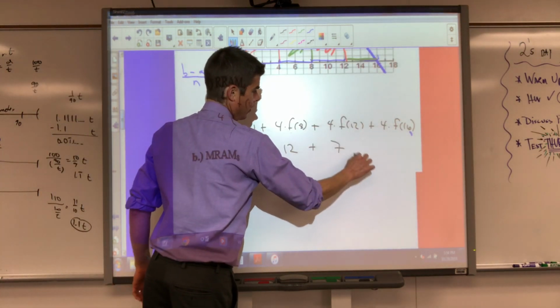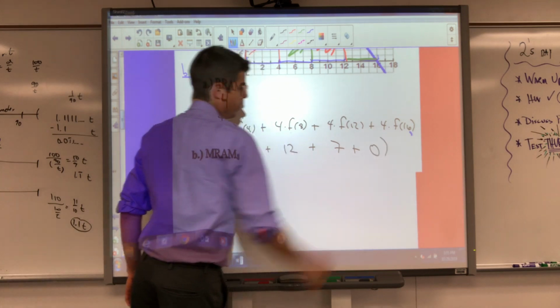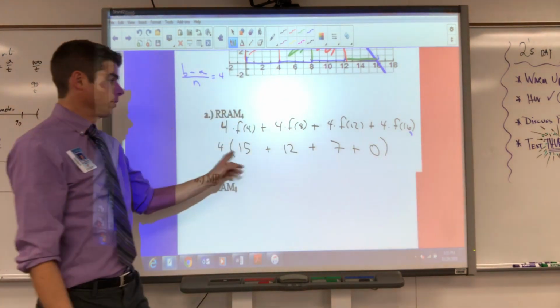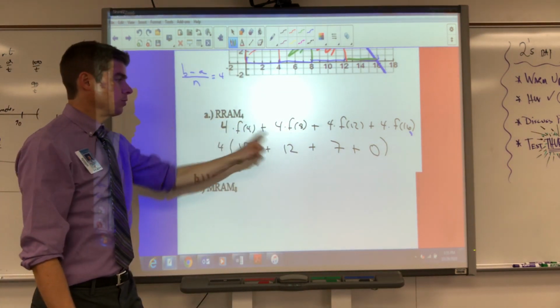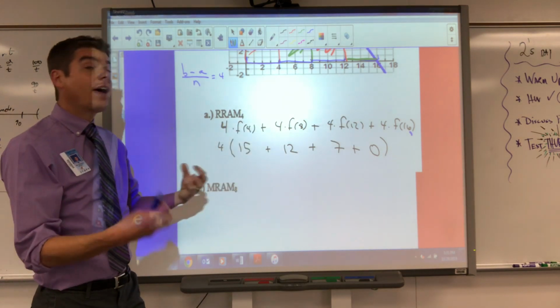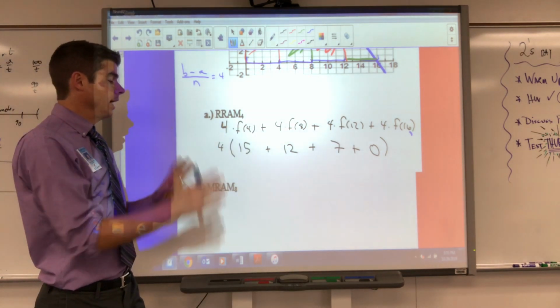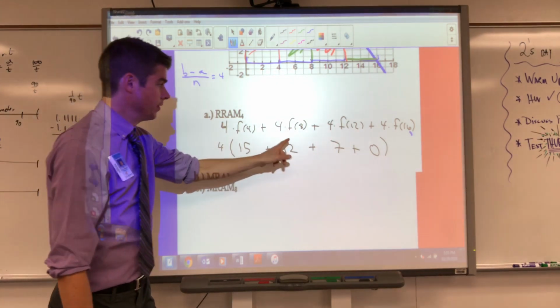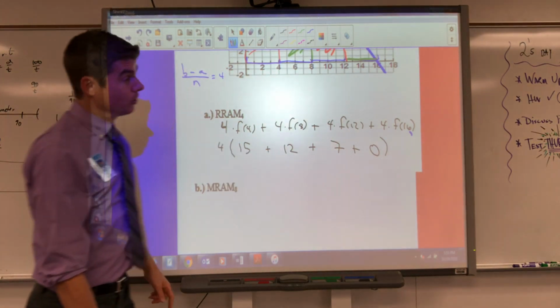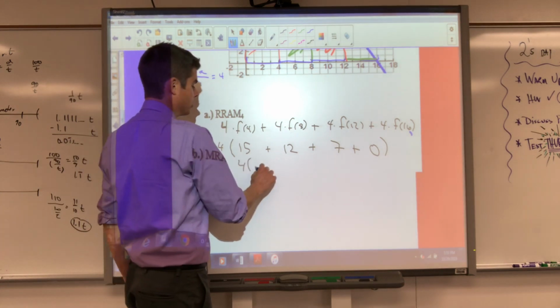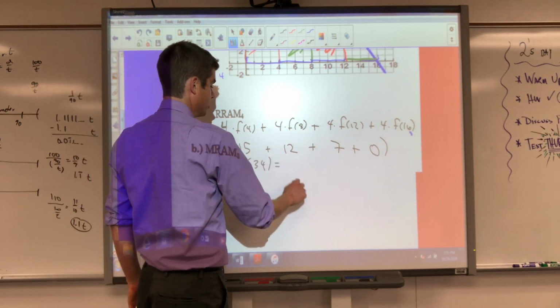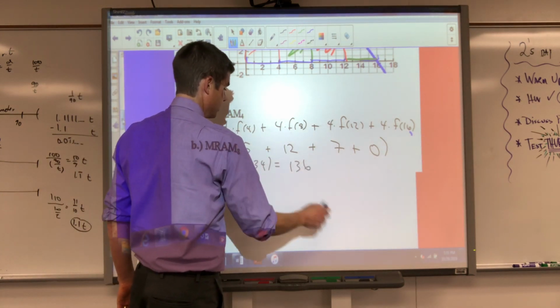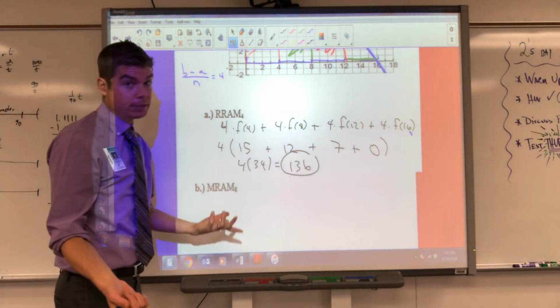We already factored the 4 out, and f of 16 is 0. So if I add all this up, 4 times 15, 4 times 12, 4 times 7, 4 times 0, that'll be the area of the 4 rectangles as an approximation. 15 and 12 is 27, 27 and 7 is 34, so I have 4 times 34, which is, I believe, 136 as an approximation.